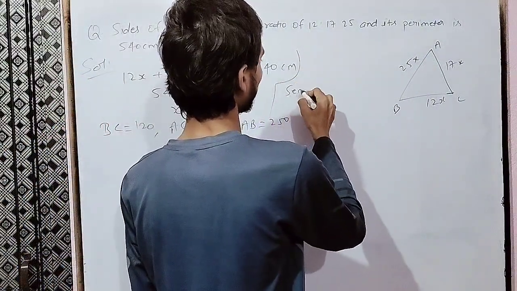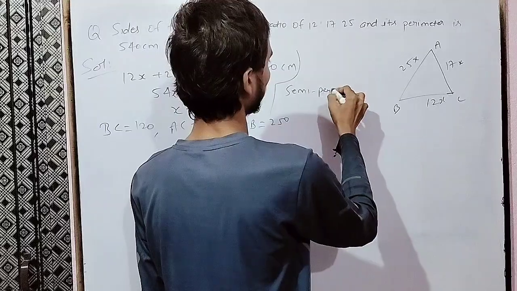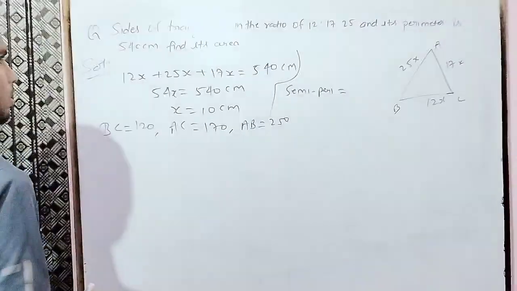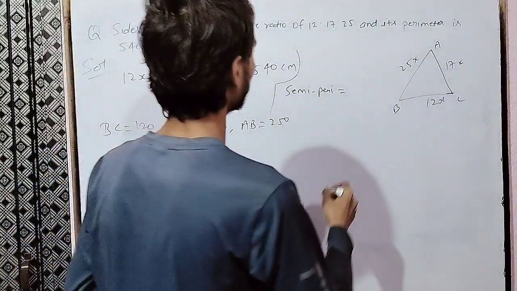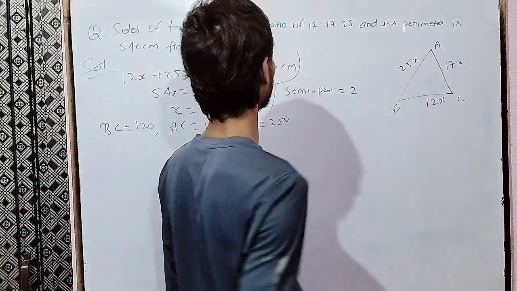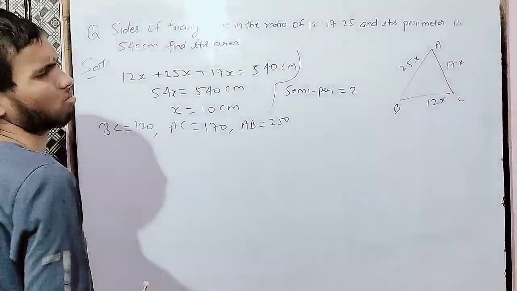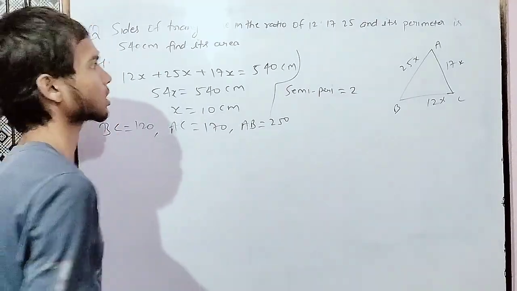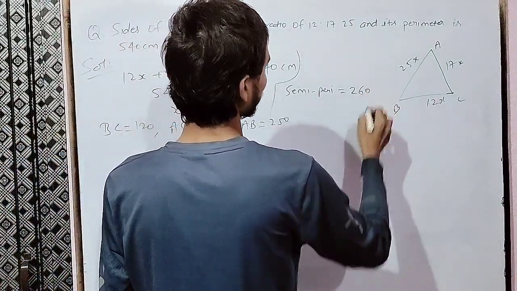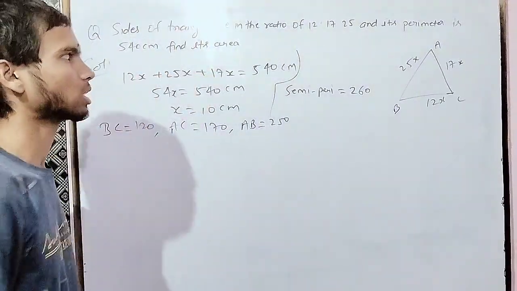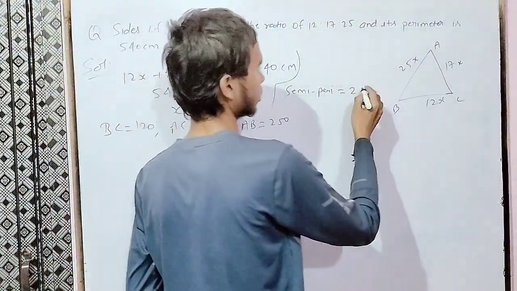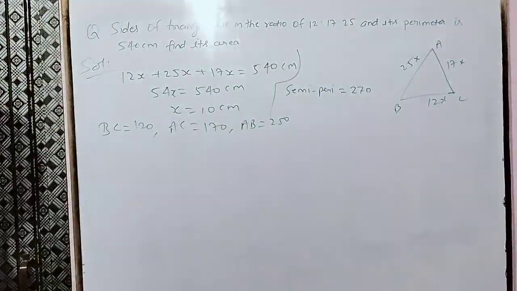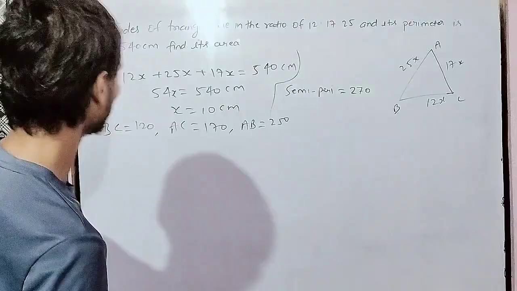So the semi perimeter will be what? 120 plus 200 plus 250, that is 570. So 270. Okay. Now this is the semi perimeter.